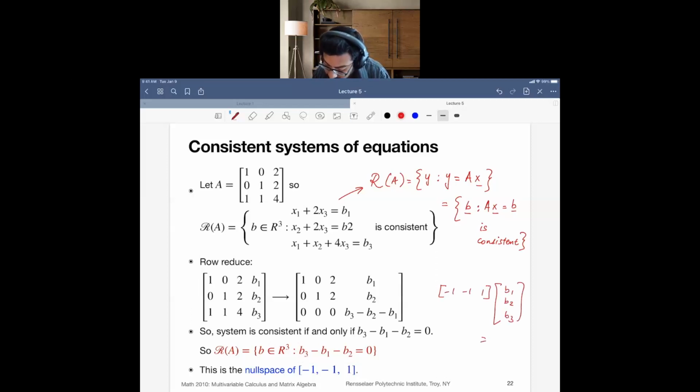That is going to evaluate to a 0, right? -B1, -B2, plus B3, because of this. So it is in the null space. So by doing this example, we have represented the range of a matrix A as a null space of a different vector, (-1, -1, 1) in this case.